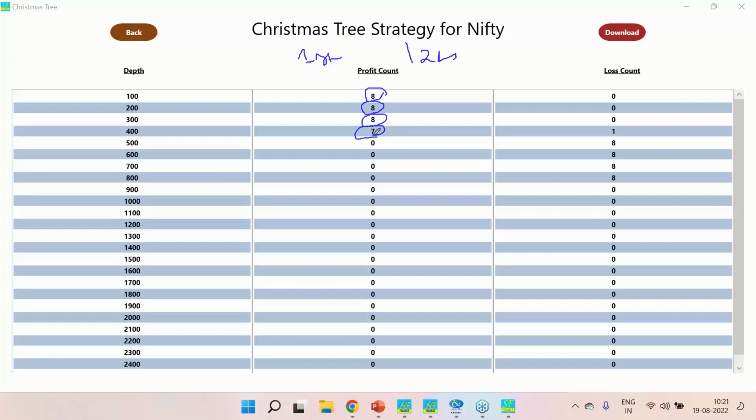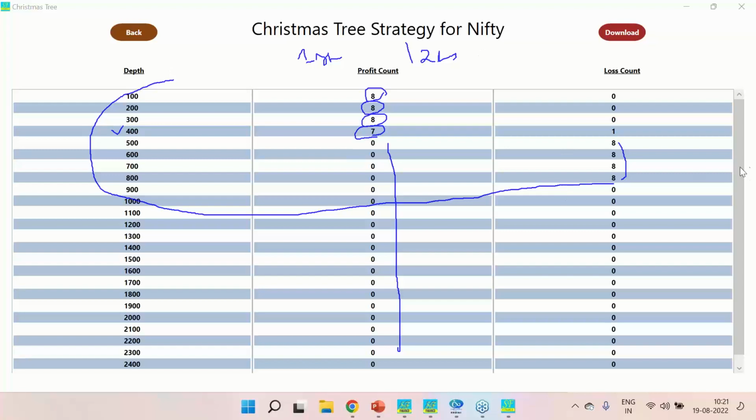But once it crosses 400 point depth, none has given profit. Every day it has given a loss. Beyond this, at 1,000 points and so on, strikes are not available for trade. So we can form the strategy up to 800 points of depth. However, only the 100, 200, 300, 400 depths can give you profit. Other depths will give you losses.